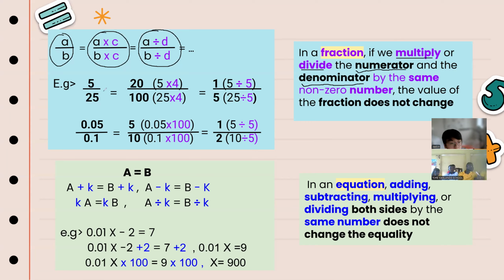So for example, if we have 5 over 25, if we multiply by 4 on both the numerator and the denominator, then we get 20 over 100. That's the same value as 5 over 25. And it's the same also if you divide by 5 on both the numerator and the denominator.